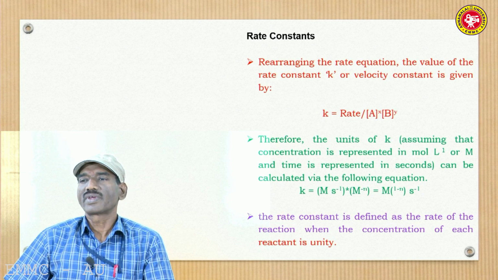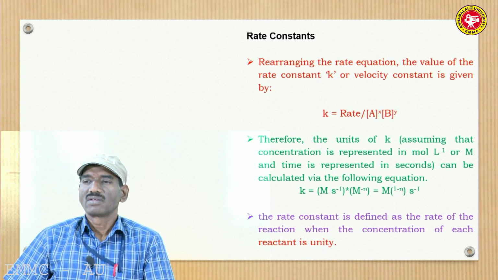The units of k, assuming that concentration is represented in moles per liter and time in seconds, can be calculated via the following equation: k = mol^(1-n) L^(n-1) s^-1, that is, (mol/L)^(1-n) per second. The rate constant is defined as the rate of the reaction when the concentration of each reactant is unity.